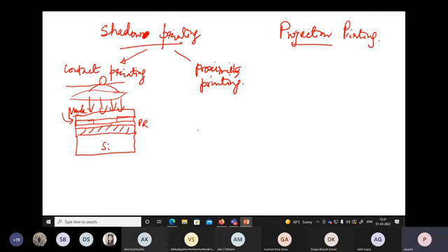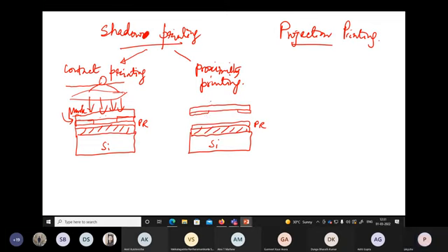What about proximity printing? In proximity printing, there is a silicon substrate, say my oxide layer and my photoresist. But there is a gap between the substrate and the mask. And then there is UV light.